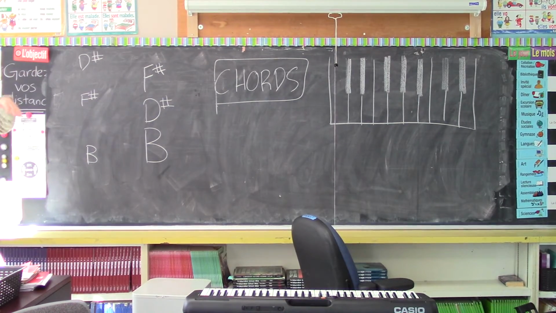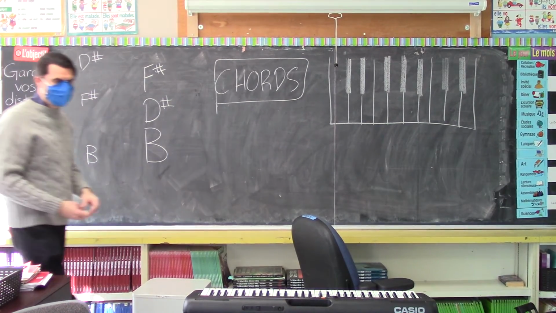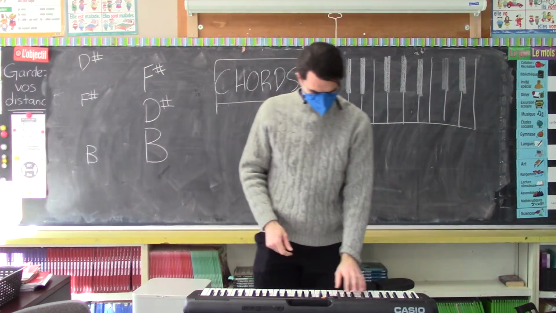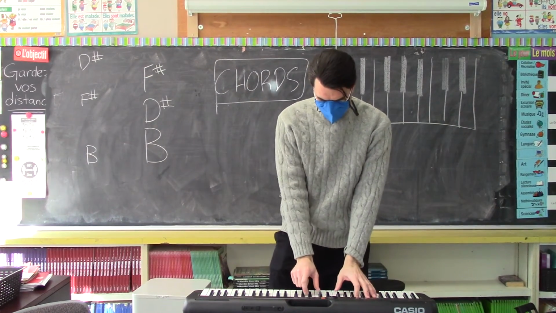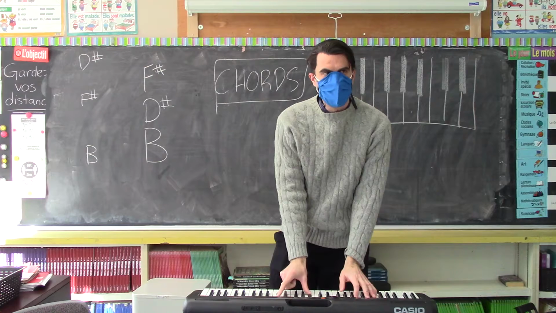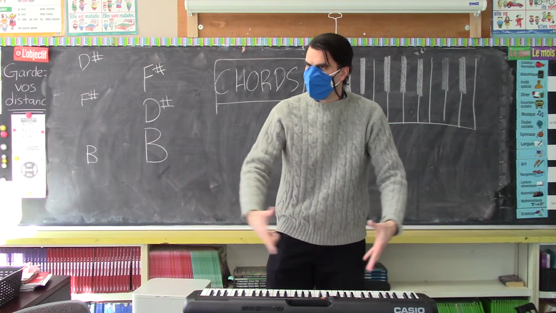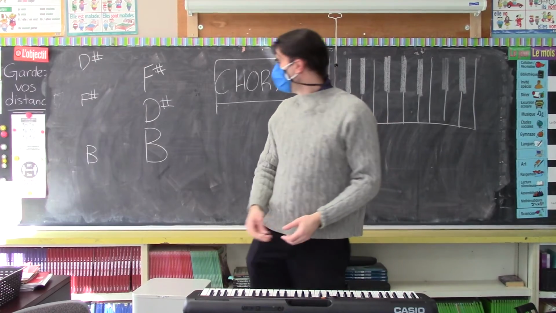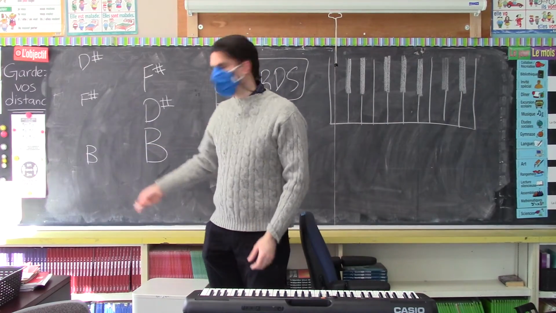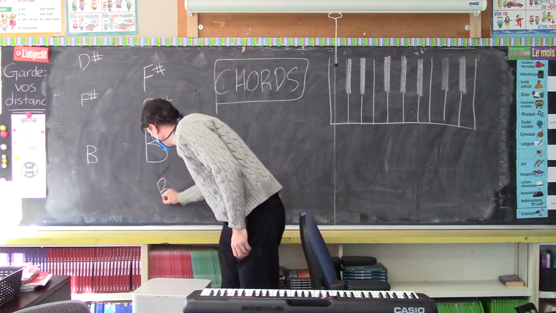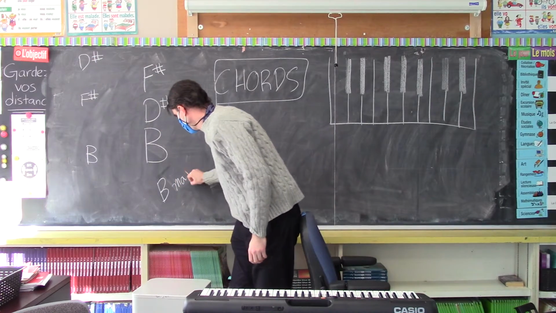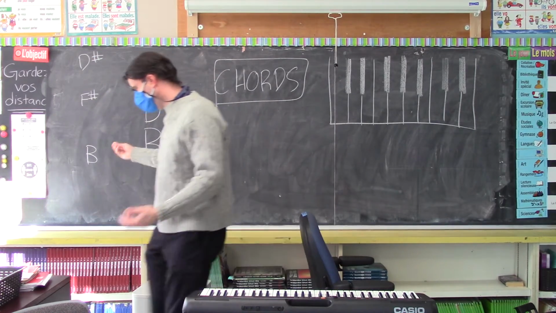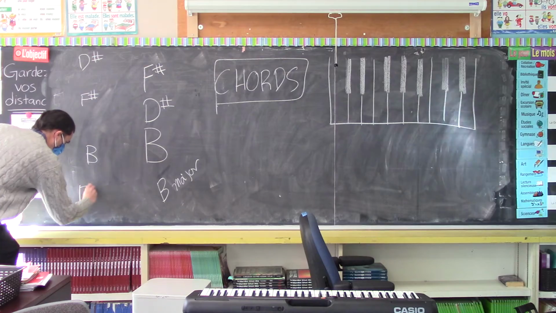You can have a triad that is spread out, spanning a very large distance across a vocal range or a keyboard, and it's still called the same thing. This is a B major triad. This is also a B major triad.